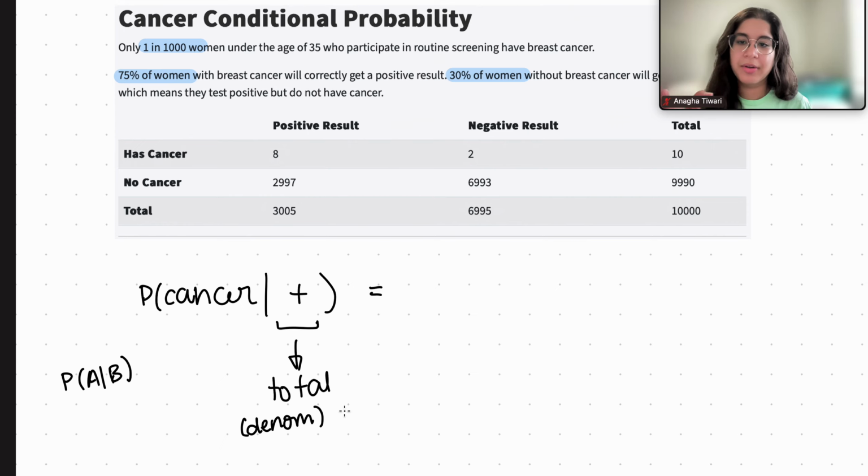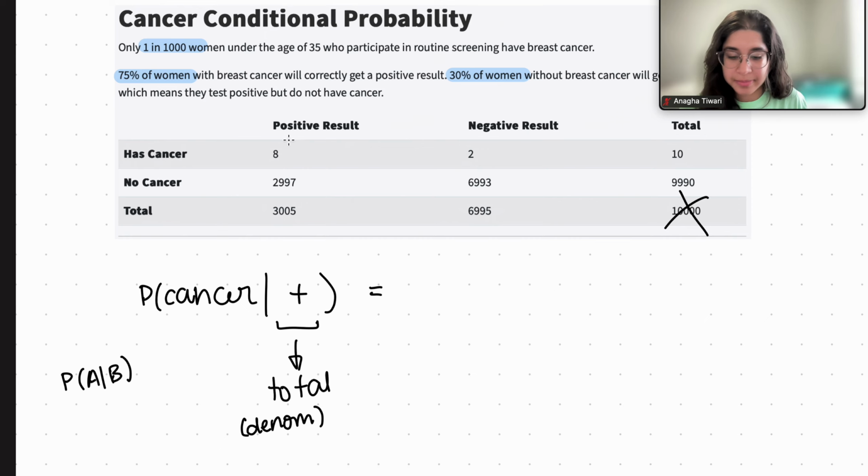Because probability is the number of expected outcomes divided by the number of total outcomes. And here, since we're only looking at the subset of the population that got a positive result, the number of total outcomes is basically only this part of the population, however many people that is, right? So we're not actually looking at the total.